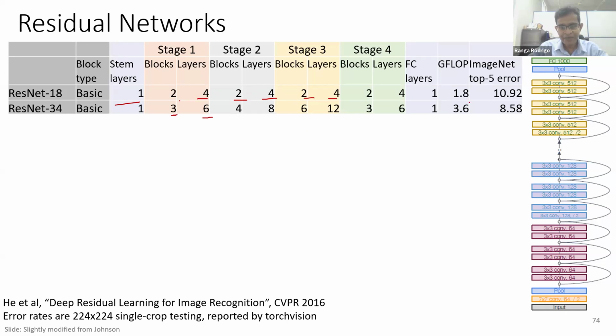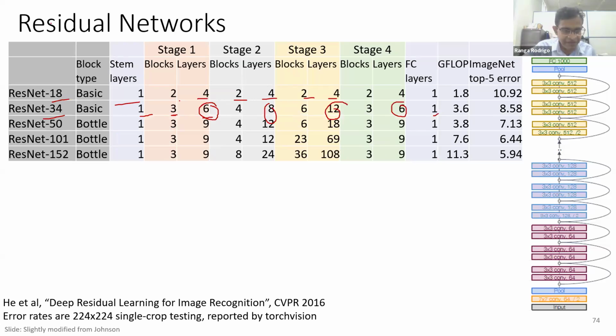So finally you get the number of layers as 34 here. You can add 6 plus 8 plus 12 plus 6 to understand how many of them are there, and the stem and the final fully connected layer, giving you 34 layers.